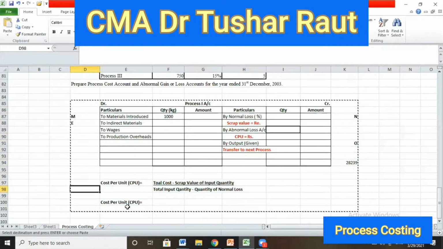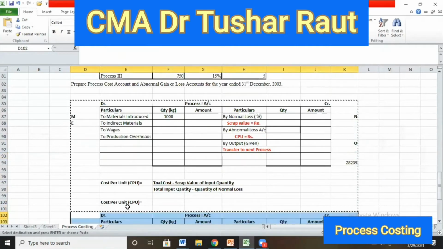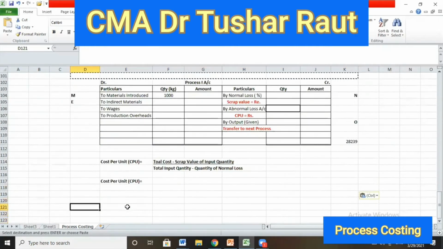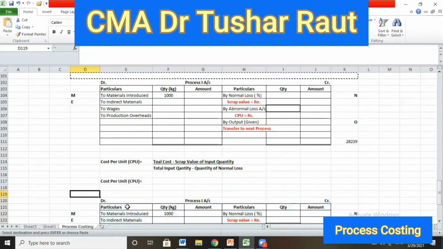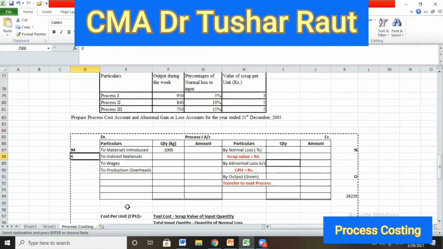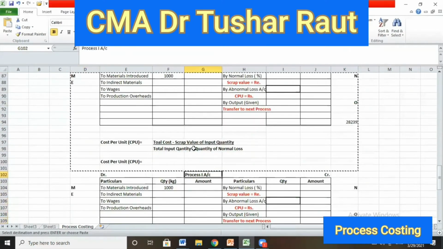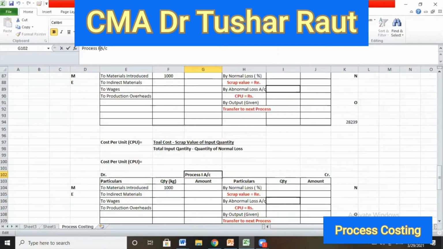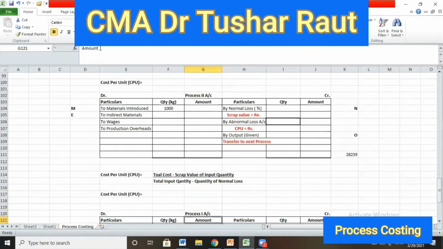So I'm copying the same blank format for process 2 and again for process 3. So we'll continue with process 2 and process 3 in coming time.